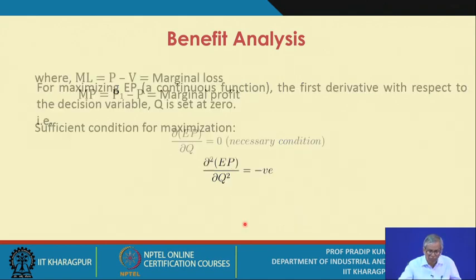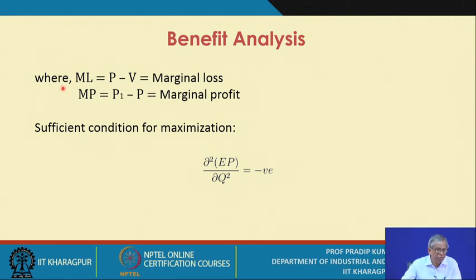Okay. So where marginal loss is equal to P minus V. What is P? P is basically the production cost. What is V? That is the salvage value. Is it okay? So the P minus V is the marginal loss. You just make a note. Okay. And what is marginal profit? That means this is the sales price minus the production cost.